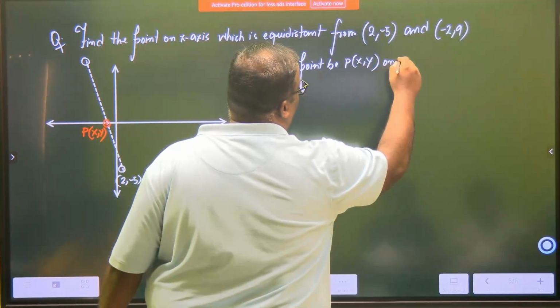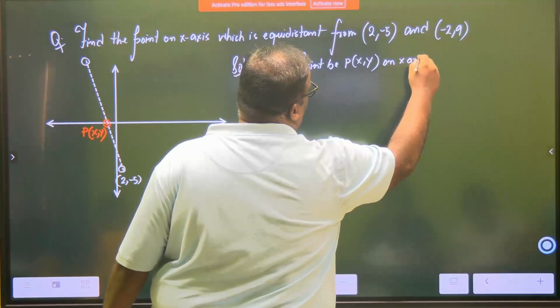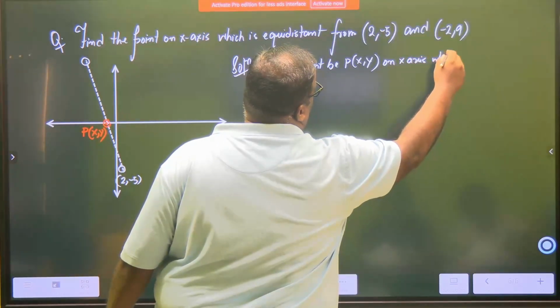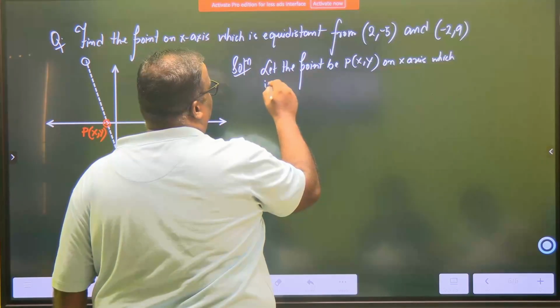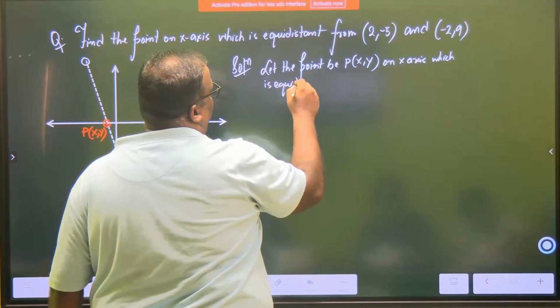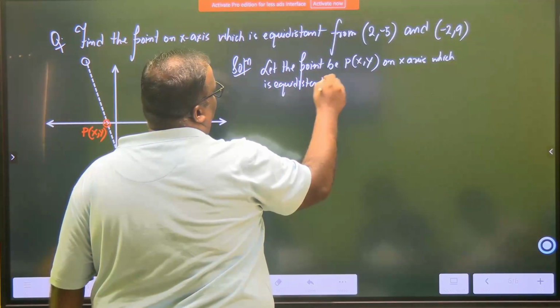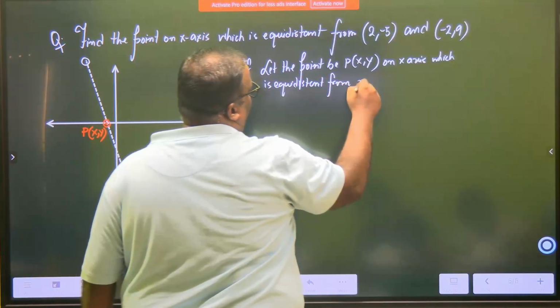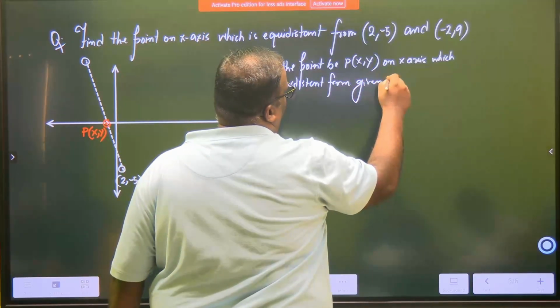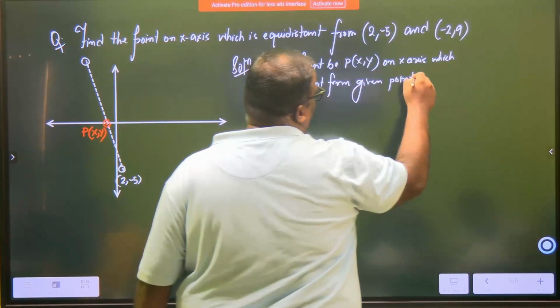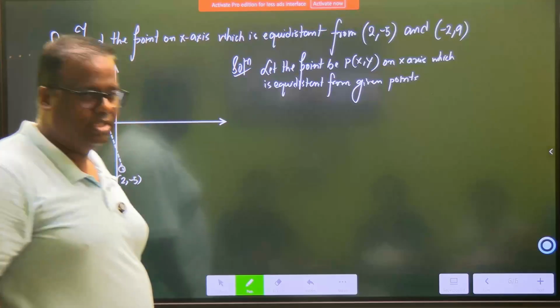Let the point be P(x, y) on x-axis, which is equidistant from given points. अब यहां पे थोड़ा सा हमने बेवकूफी किया है जानबूझ के, ताकि आपको क्लैरिटी समझ में आए.